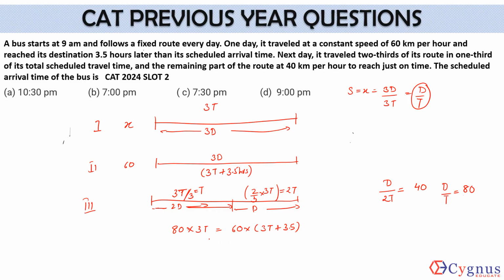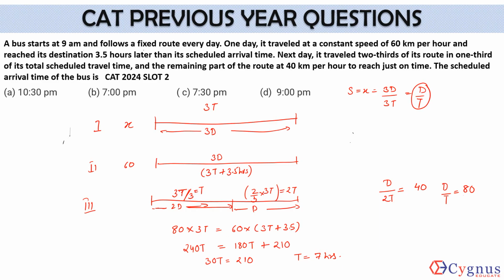So after solving this, we'll definitely get the value of t. Let's see how much is t. 240t is equal to 180t plus 3.5 into 60, that is 210. That means t is how much?